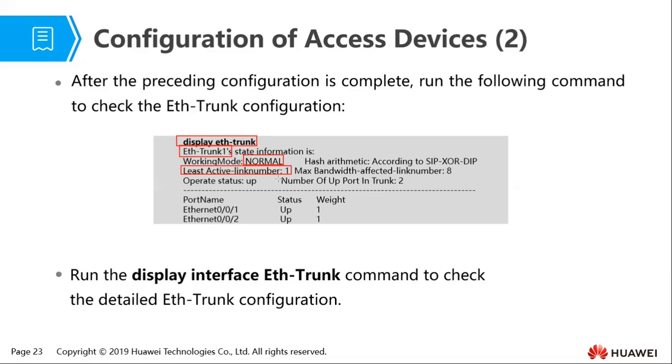We can see that the maximum bandwidth affected link number is 8. Operation status is up. Number of up ports in the trunk is 2. So we can actually see the interfaces and their weight by using the display eth-trunk command.